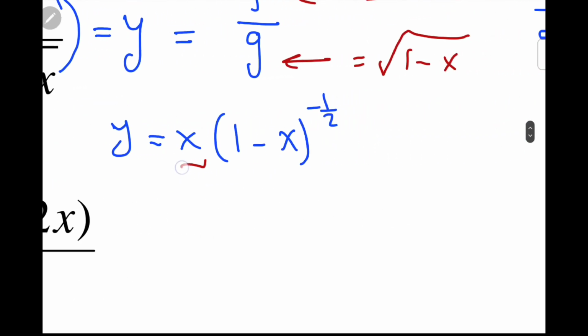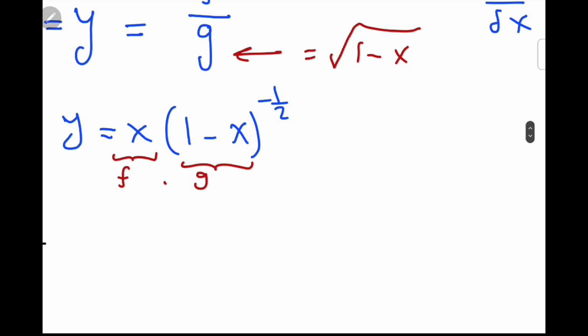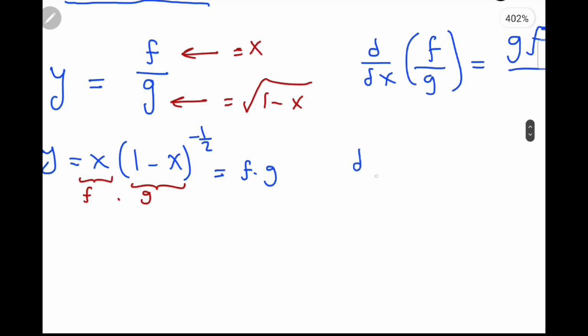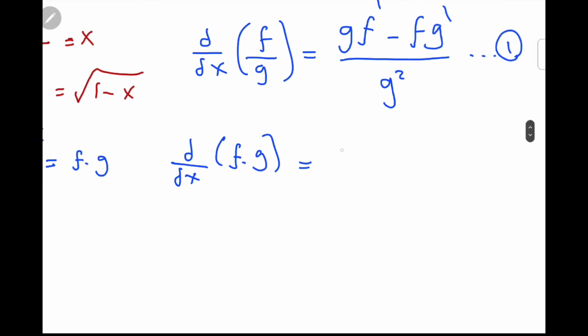Now you can express this as f times g, and the derivative of f times g is equal to f g prime plus f prime g, and that's approach number 2.